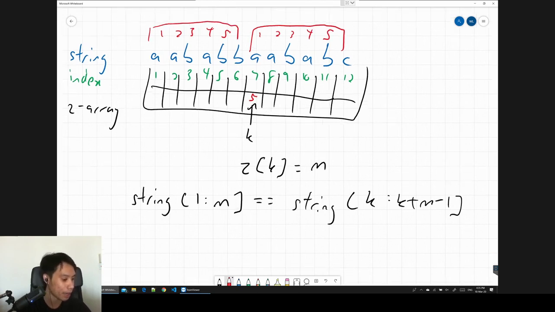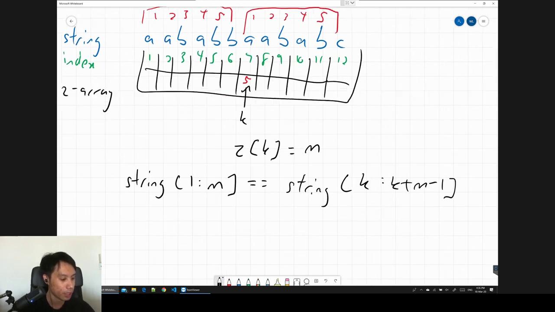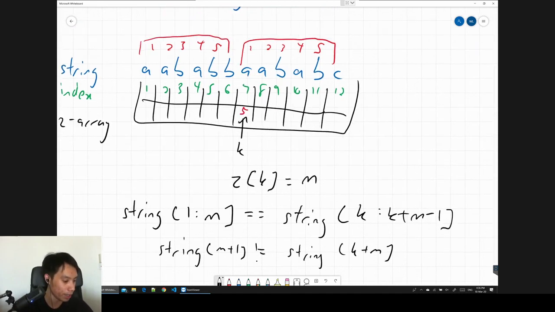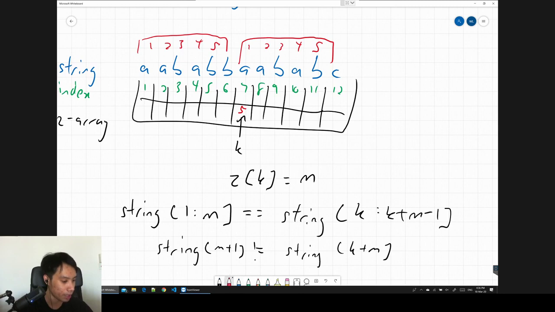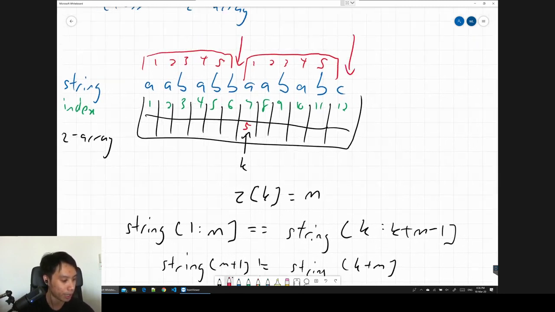And then the next character, at M plus 1, will not be the same as the character at K plus M. Over here you're going to see the sixth character, B and C, is not the same.